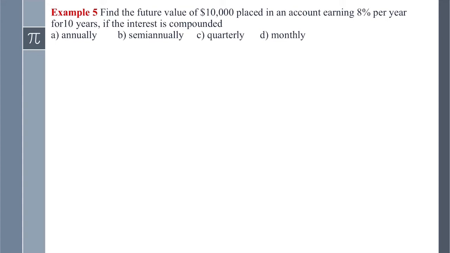This is the initial deposit that we make, called the principal, or P. The interest rate is 8%, which when we change it to a decimal is 0.08. That's what we put in the formula. So R equals 0.08, P equals 10,000, and for 10 years, T is 10.